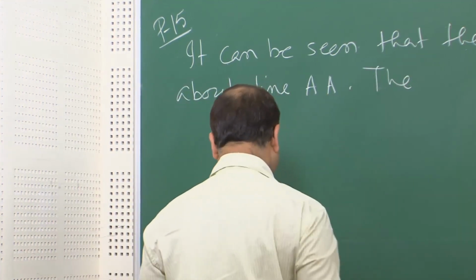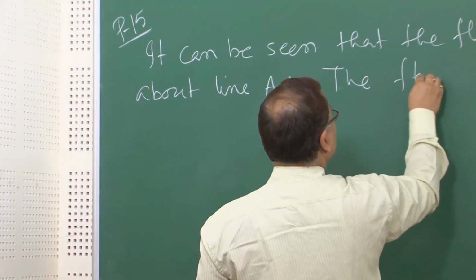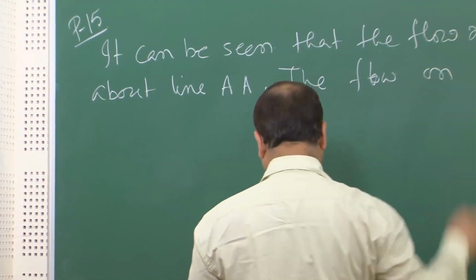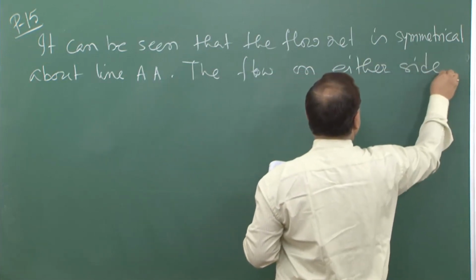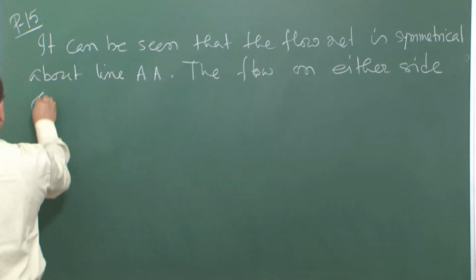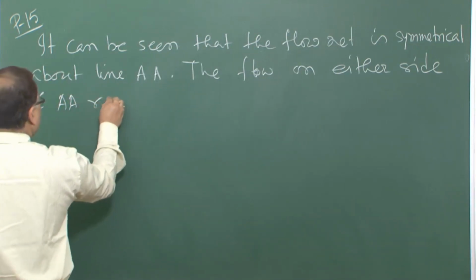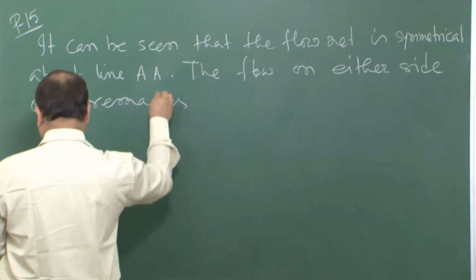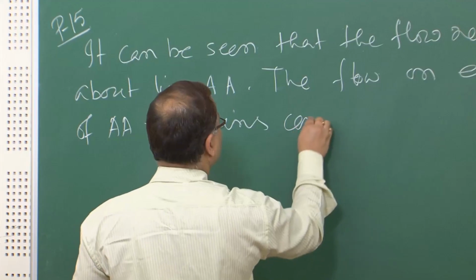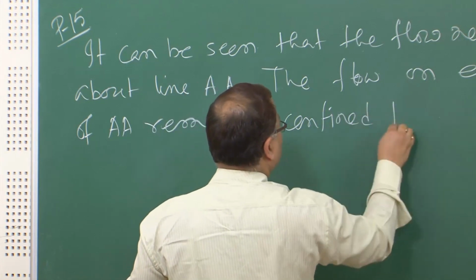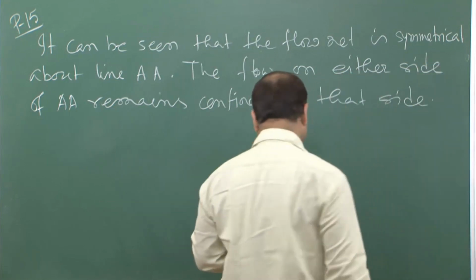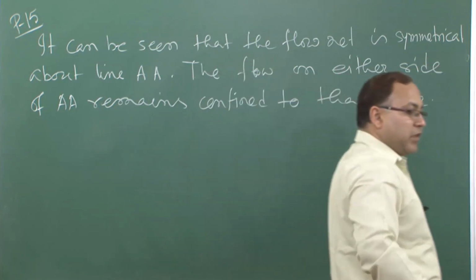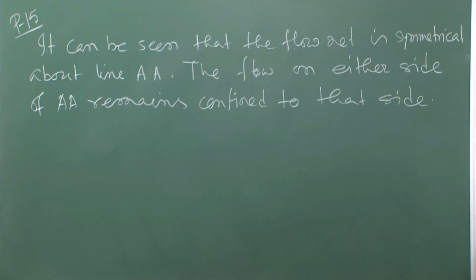The flow on either side of AA remains confined to that side. That means no cross flow is happening across the line or the plane AA.